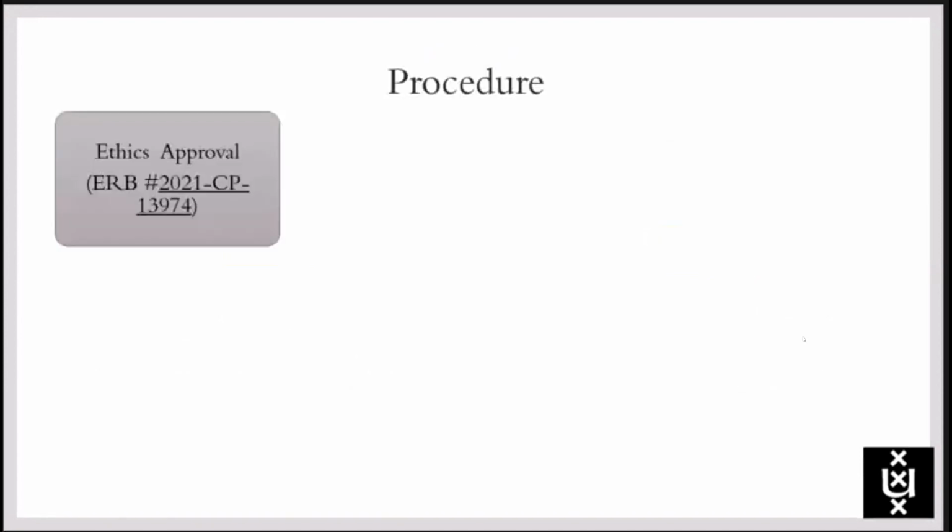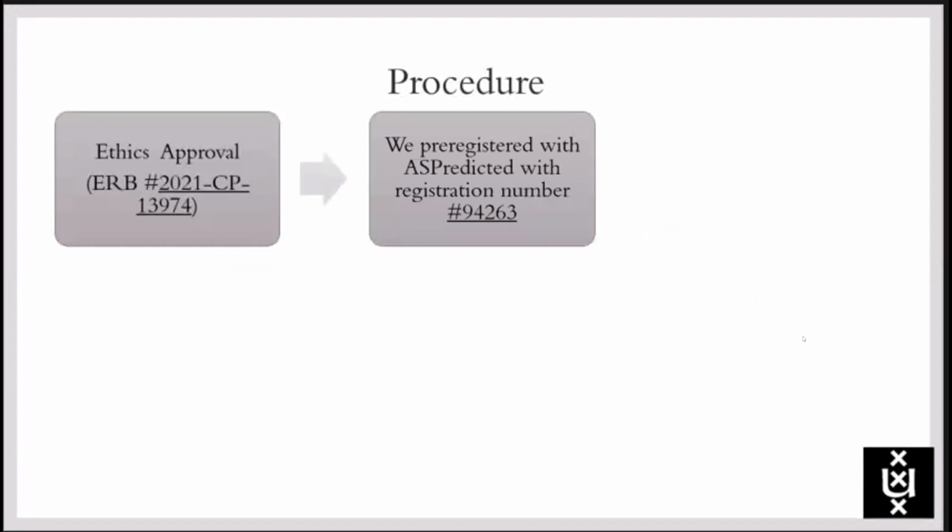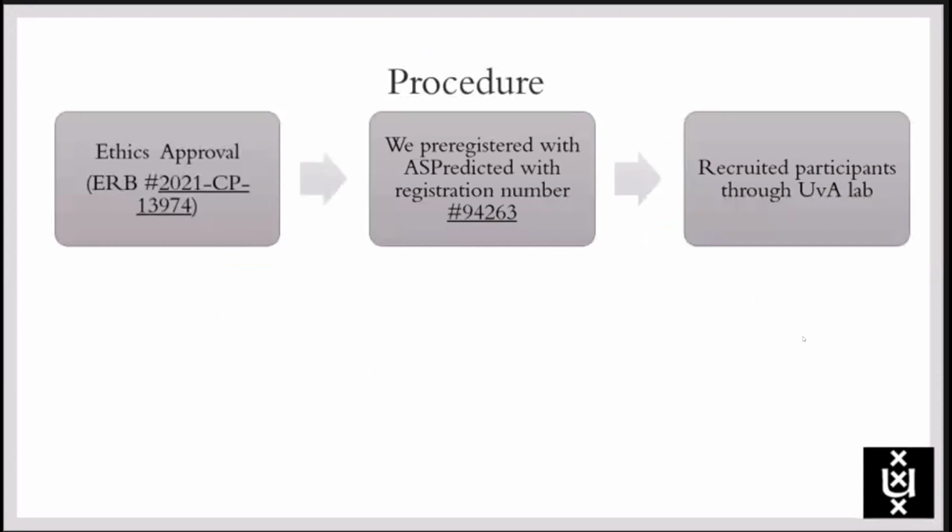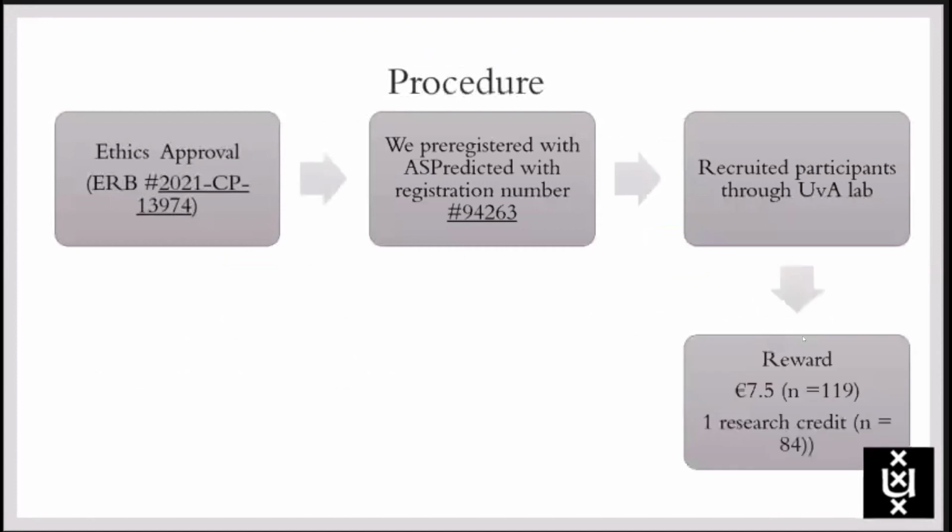So with the procedure, we first sought ethical approval, and we pre-registered our study, and we recruited participants through UVA Lab, the university website for getting participants. And participants received a reward, the one they chose.